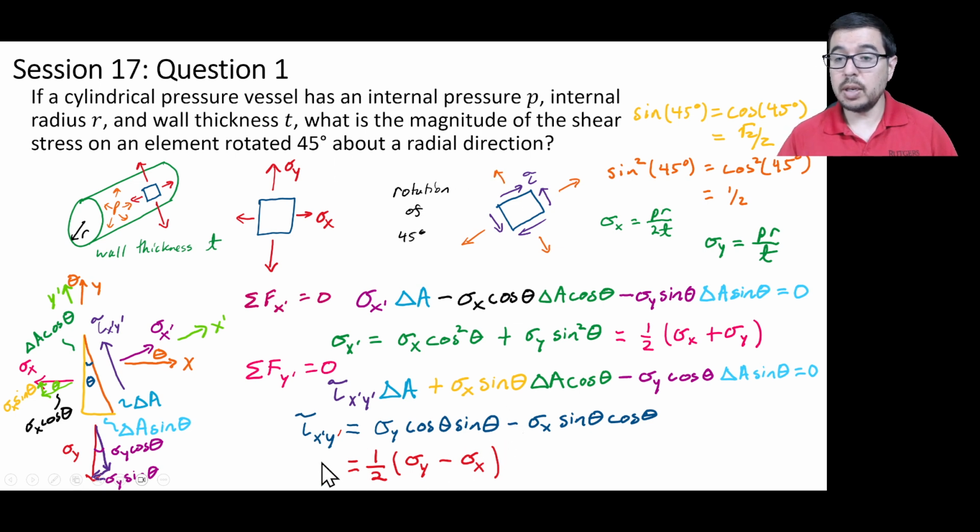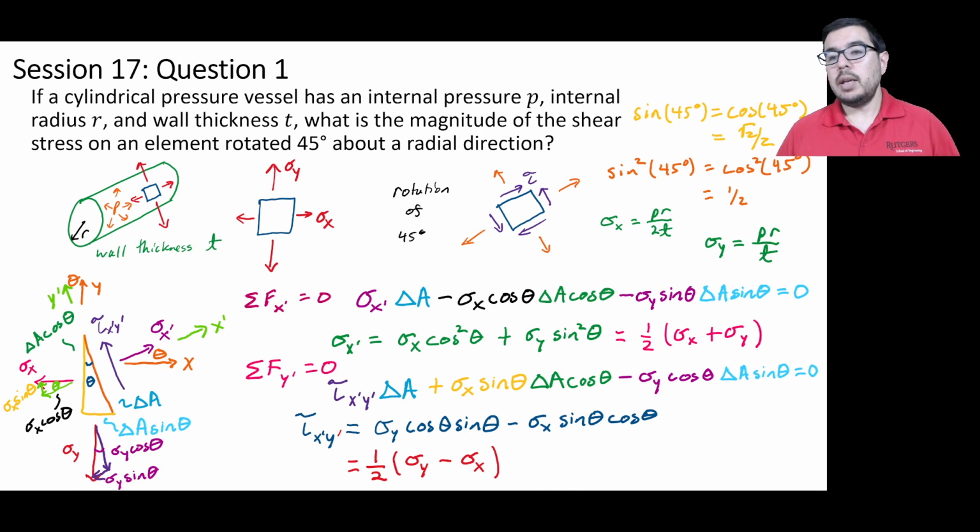We just plug in this value, 1/2 times quantity sigma y minus sigma x, and we see that we have PR over 2t, we have PR over t. Well, if we have sigma y minus sigma x, that becomes PR over 2t, then times 1/2, so it's going to end up being PR over 4t.